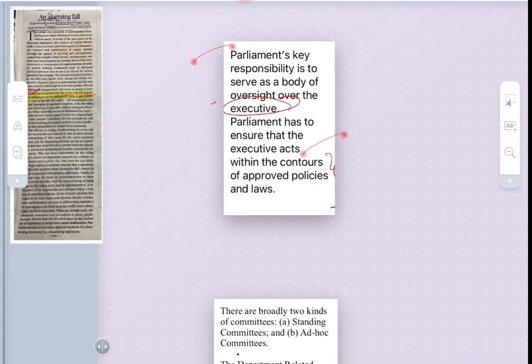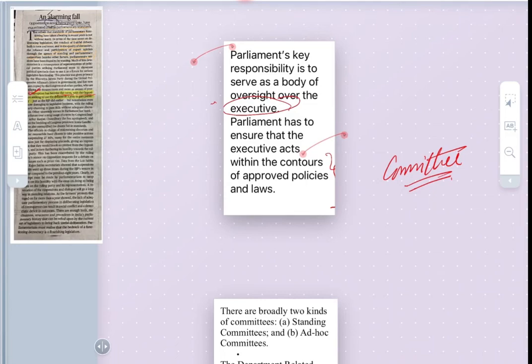So in a nutshell, with time, with the increase in the magnitude of complexities of modern administration and time constraints, it is not possible for members of Parliament to scrutinize all policies and legislation on the floor of the House. So forming small groups of members, which is called a committee, to examine the subject would ensure deeper discussion and debate.